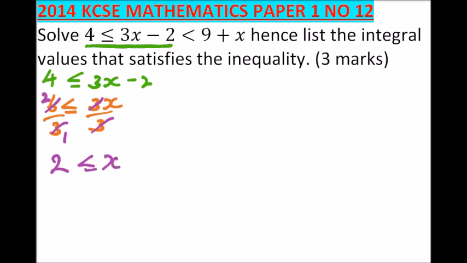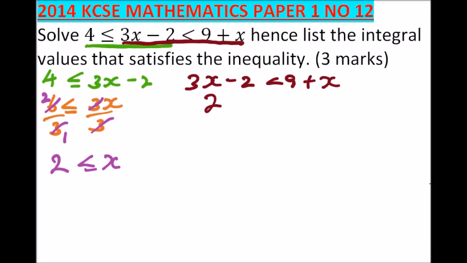Then after you do that, you take the other side. So you say 3x minus 2 is less than 9 plus x. So we take x to this side, it becomes negative. So 3x minus x is 2x. We take 2 to the other side, it becomes positive. So 9 plus 2, we get 11.